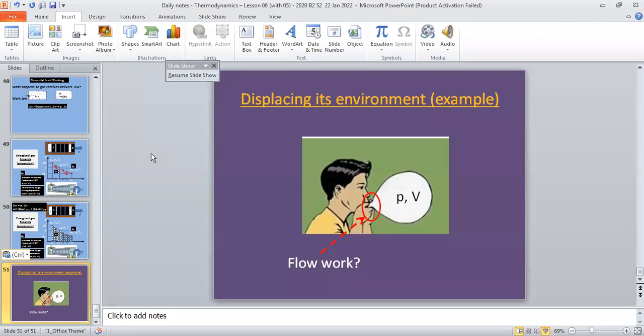Even for receiving work, delta V is a negative expansion, but I just put expansion, negative. Then connect your previous day knowledge. So how do we make use of this?